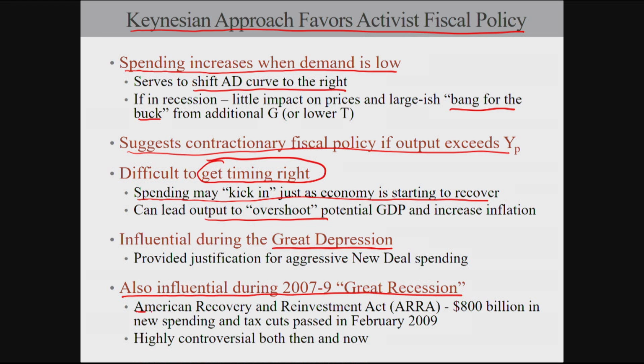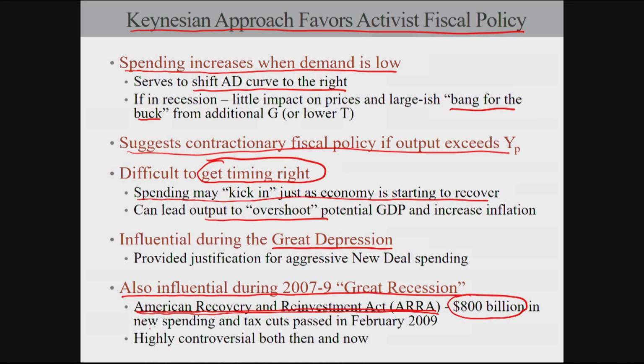And we're going to talk a lot about this pretty aggressive stimulus package known as the American Recovery and Reinvestment Act, which consisted of $800 billion in new spending and tax cuts that were designed to counteract a huge reduction in aggregate demand. And it was highly, highly controversial.